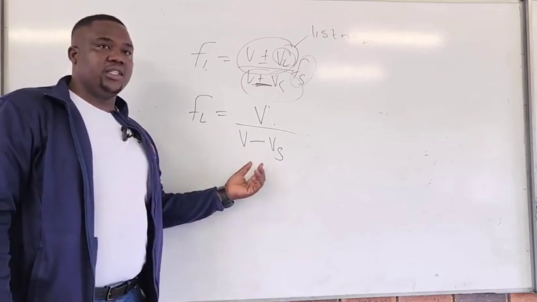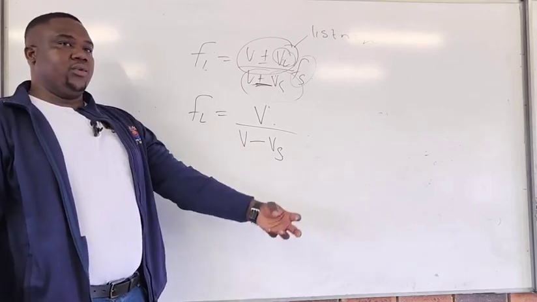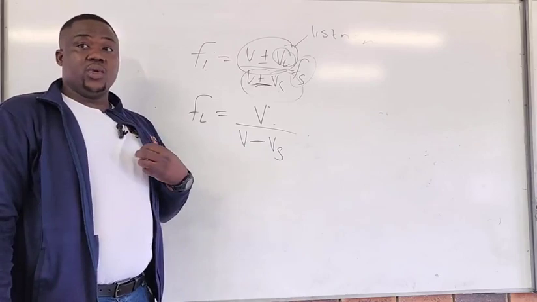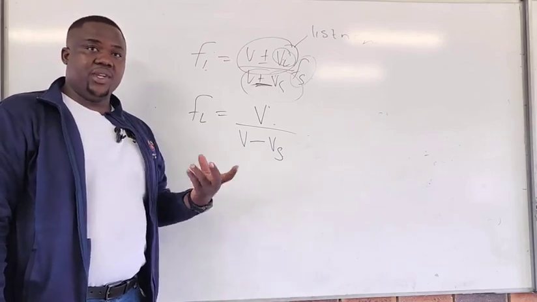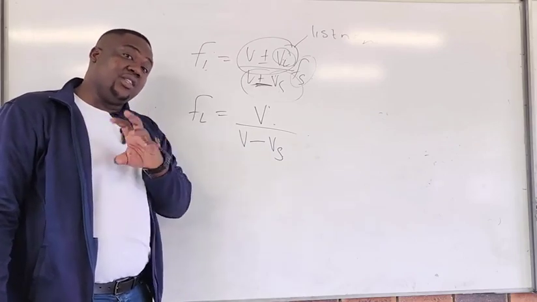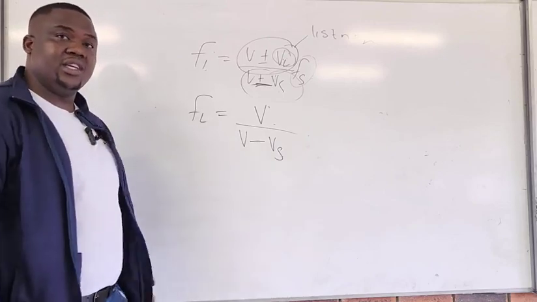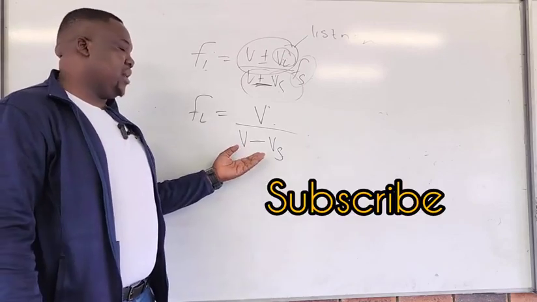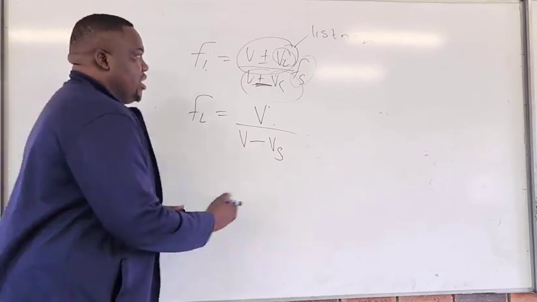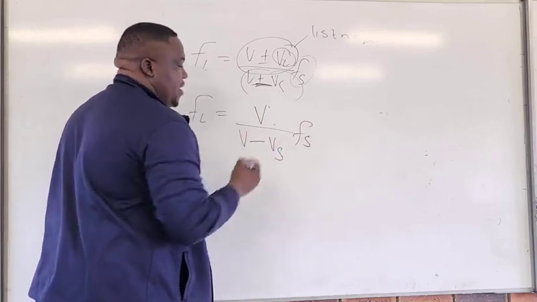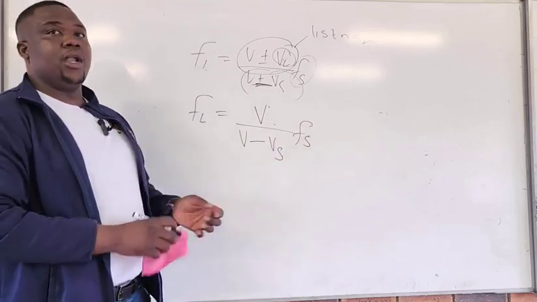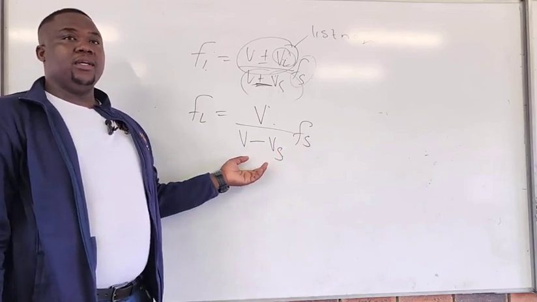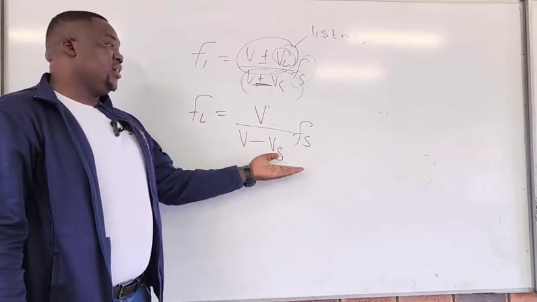The source is getting closer, and I told you that when the source is getting closer, it will irritate your ears, then it will be negative. That is a mnemonic device, the one of irritating ears. It's not the explanation behind, just to make you understand. Then we're going to have Fs.